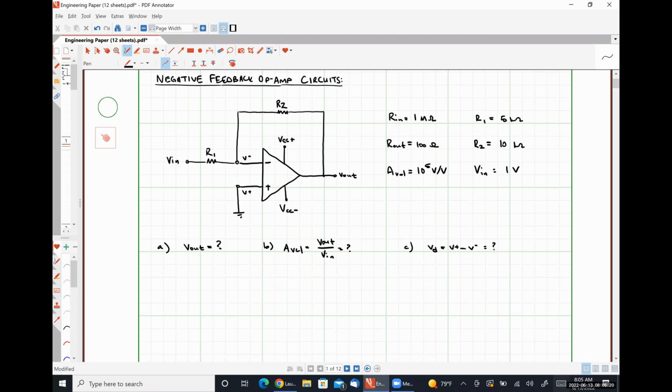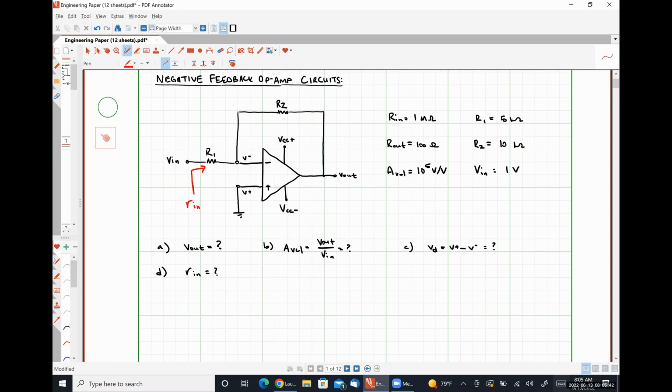Then we are going to try to find Rin, where Rin is the resistance seen looking into the input terminal.